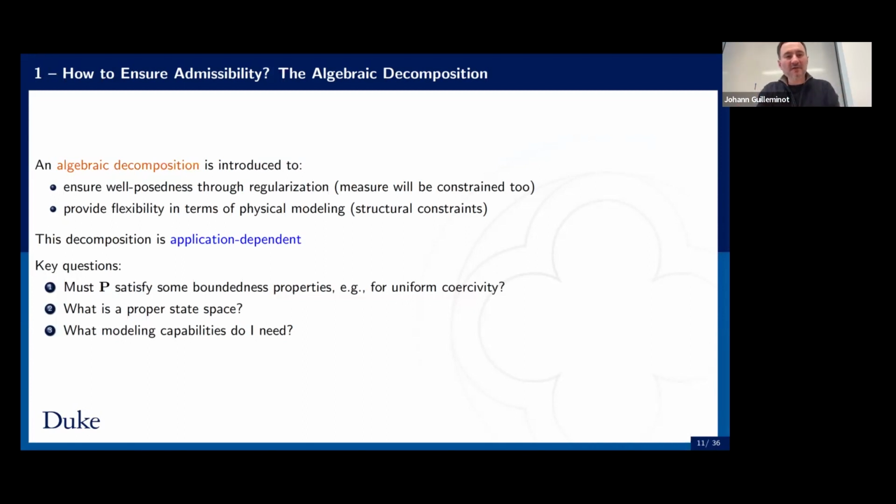There is always a trade-off between the complexity of what the model can achieve and the fact that you need to identify it. The only compromise you cannot make is about admissibility, about well-posedness, okay? So this is the first ingredient.